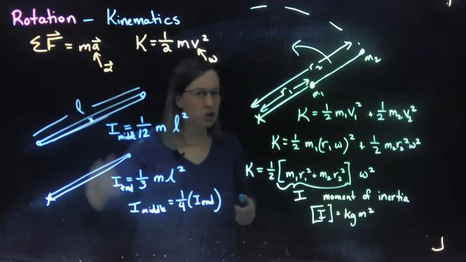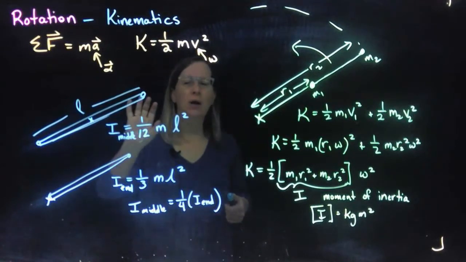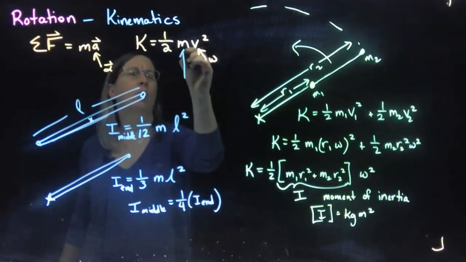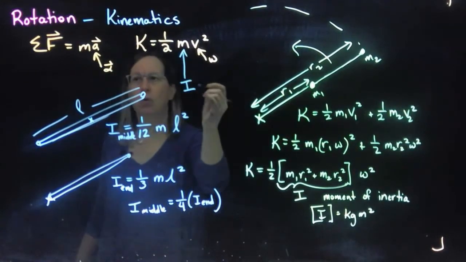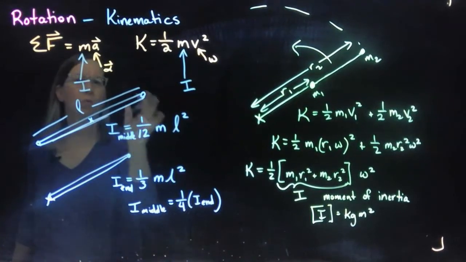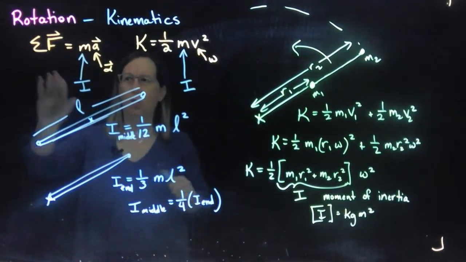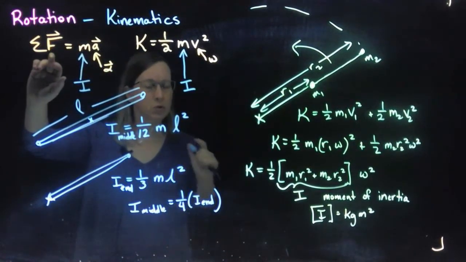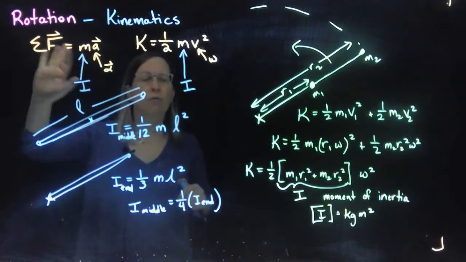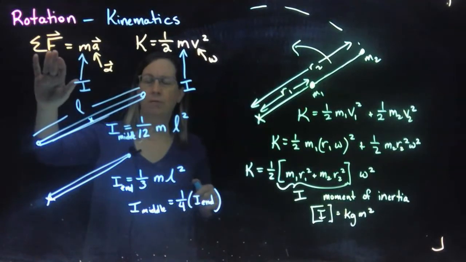So we just look these up on the table, and this is our equivalent for mass. Our equivalent for mass is moment of inertia. And then what we're going to need to do is find out what our equivalent for force is. It's related to force, but it needs to be a little bit different for our rotational Newton's second law.